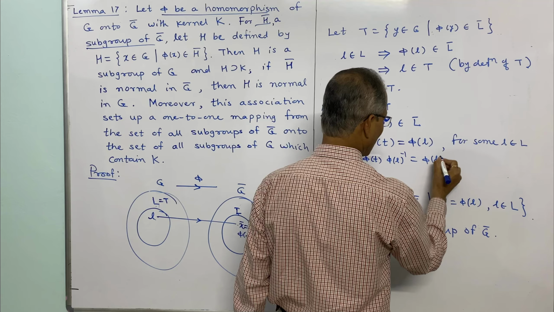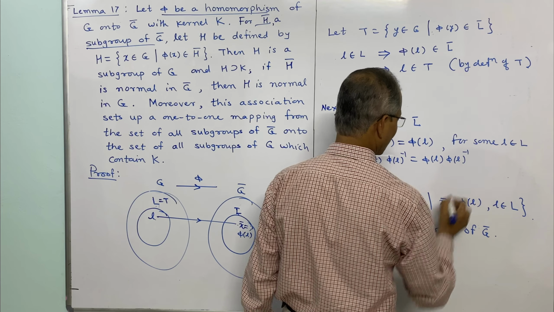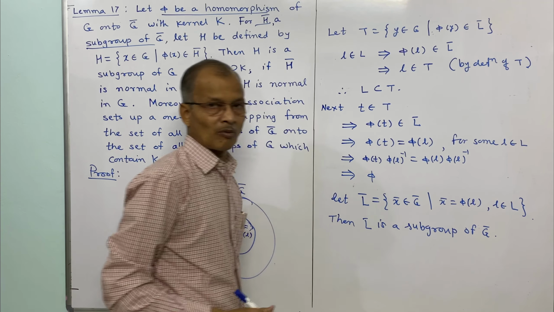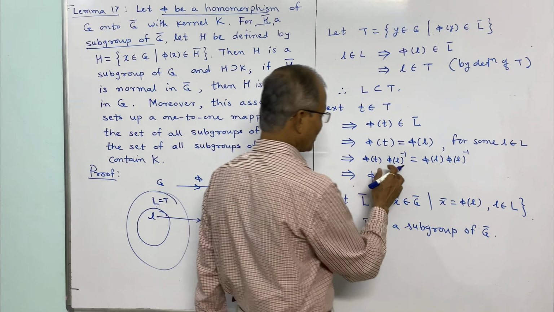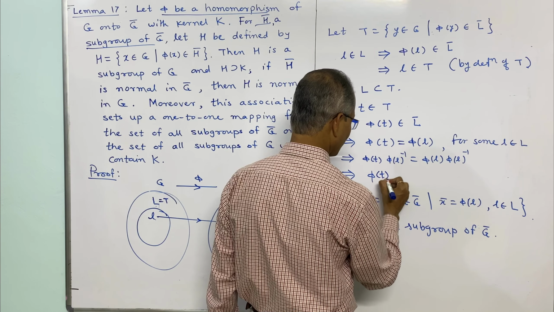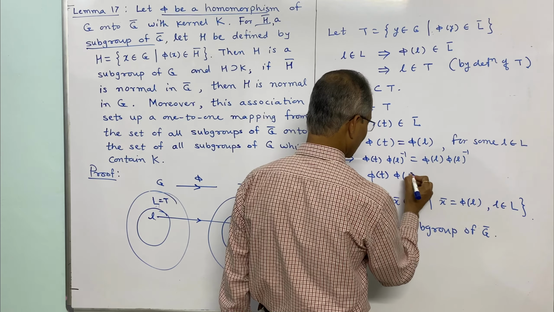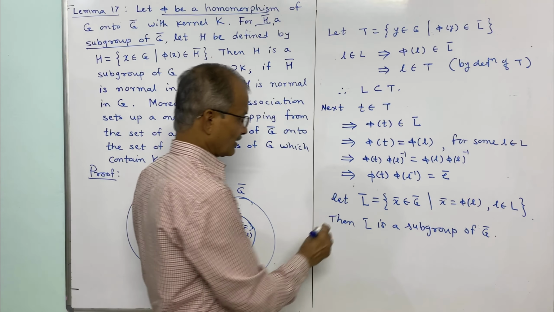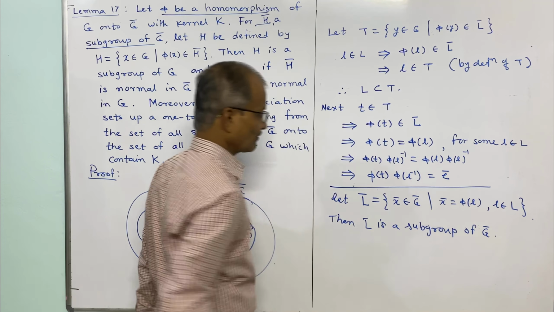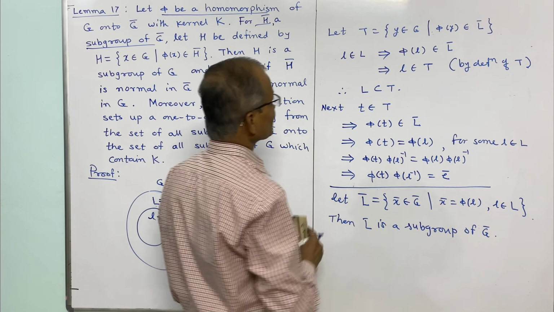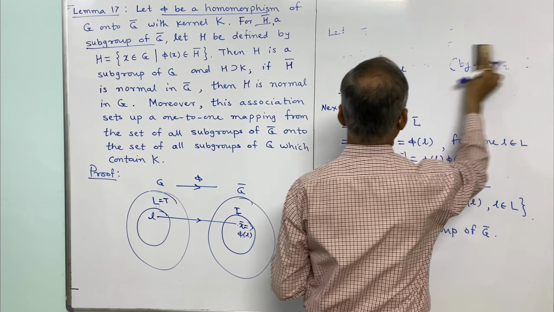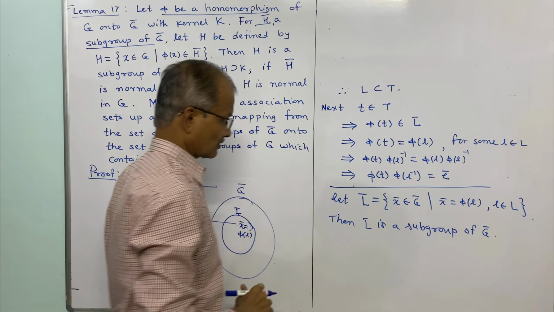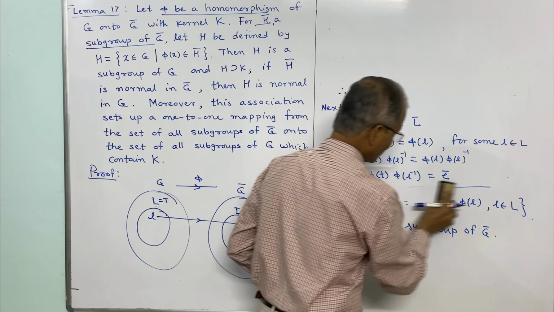And thus this will be phi of l into inverse of phi of l. By the property of homomorphism, we can write this as phi of t into phi of l inverse, and this is the identity element of G bar, that is e bar.